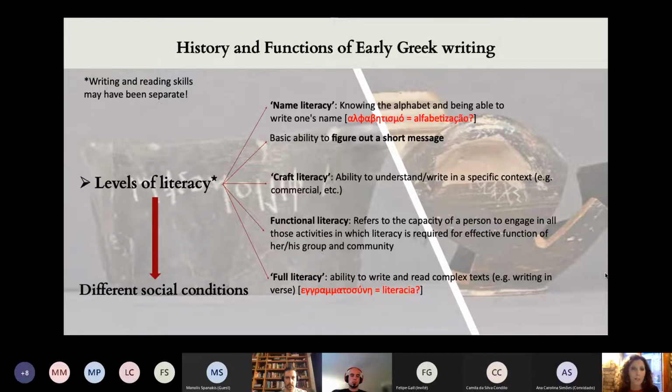So I can read French, but I'm not very fluent in writing it, for example. We have to keep in mind that this distinction is very human indeed. So it's not something modern. It was, of course, something that happened in the early stages of writing.